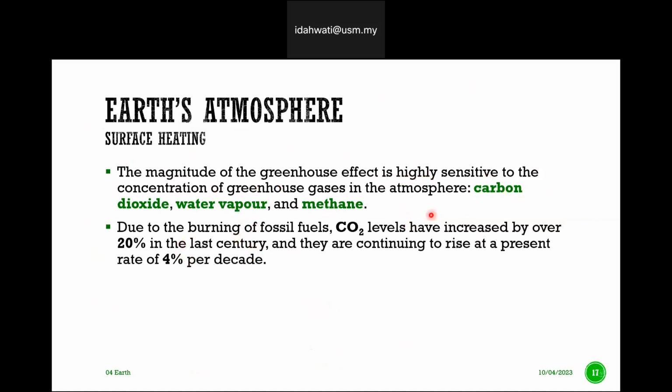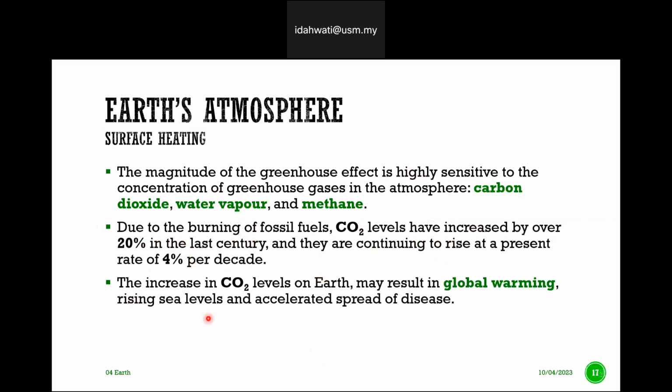Due to the burning of fossil fuel, the carbon dioxide level has increased by over 20% in the last century, and it is continuing to rise at a present rate of 4% per decade. This increase in carbon dioxide level in our Earth will result in global warming, rise in sea levels, and accelerated spread of disease.